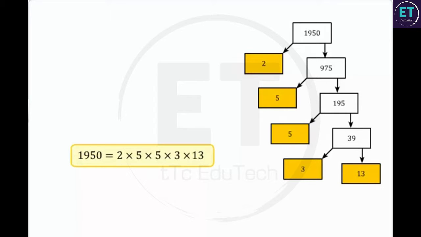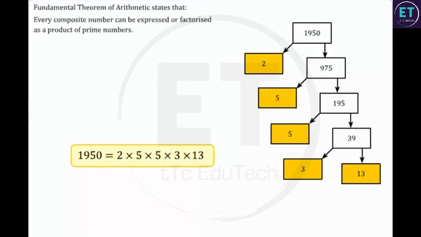What is true for 1950 is true for any composite number you can think of. Mr. Number Maker's claim is based on the fundamental theorem of arithmetic that states every composite number can be expressed or factorized as a product of prime numbers.